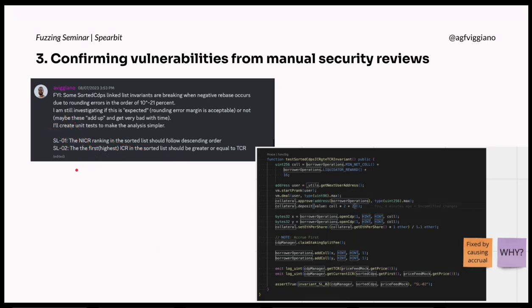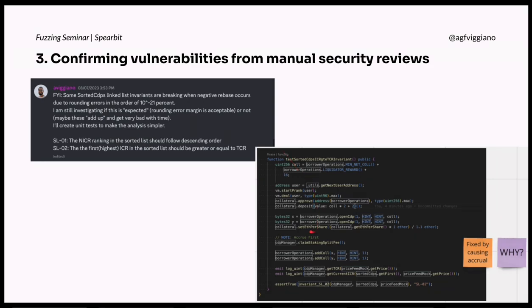So we created these two invariants, and they broke very rapidly when we started implementing, and we had already 100% coverage for the target contract. This is a bit of our process of debugging, because usually the root cause of the issue is not very evident. You know that the invariant broke, but then you have to debug why it broke, and you have to create a unit test preferably so that you can create some logs and so on.